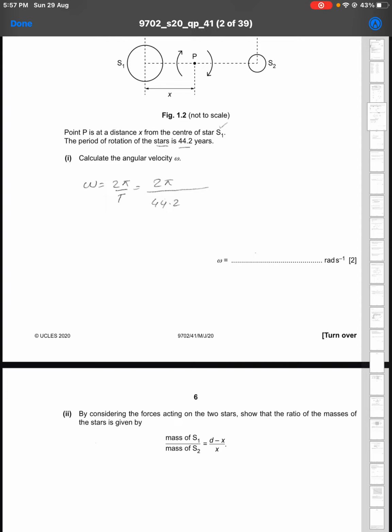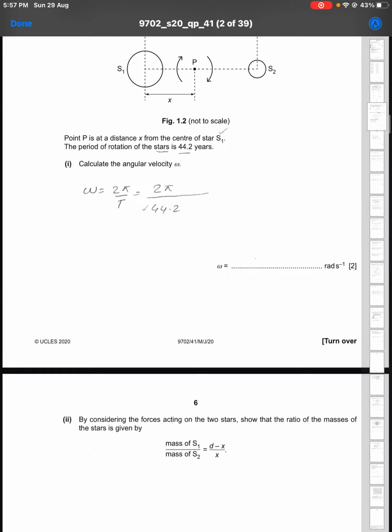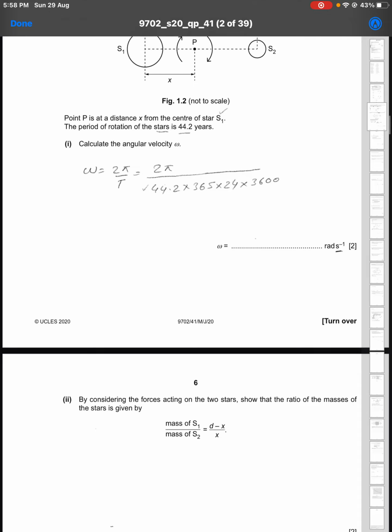This time is given in years, but in our answer we need radian per second. So convert these years into seconds. How will you convert? Simply multiply the number of days in 1 year, multiply 24 hours in 1 day, and 3600 seconds. After division with the calculator, you will get 4.5 × 10^-9 radian per second.